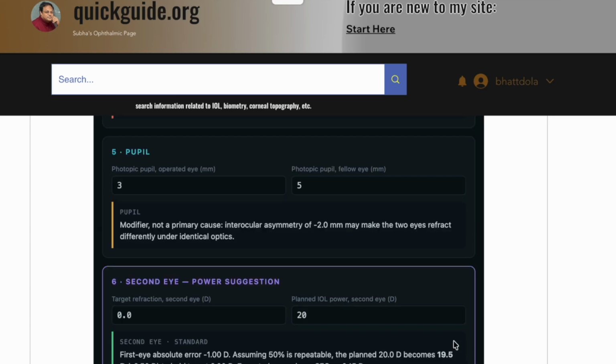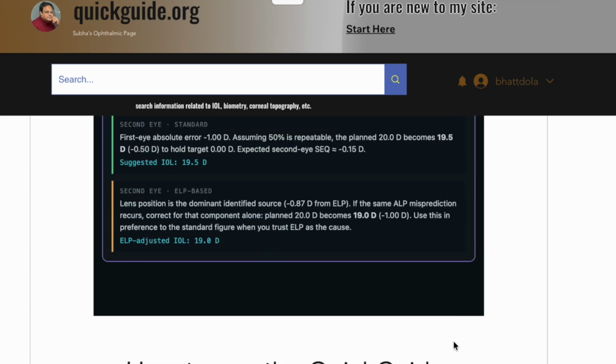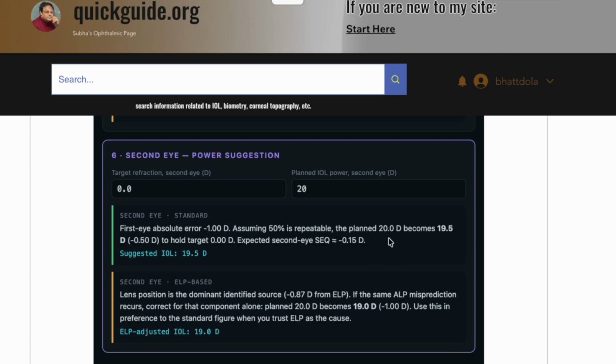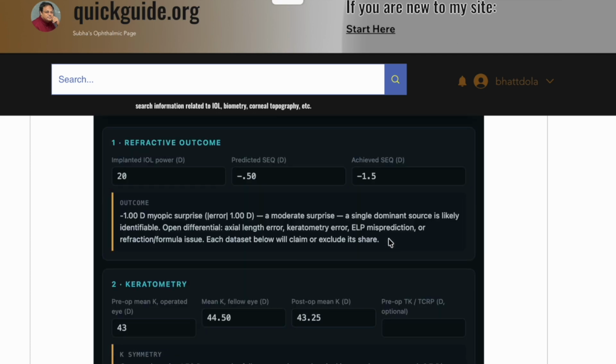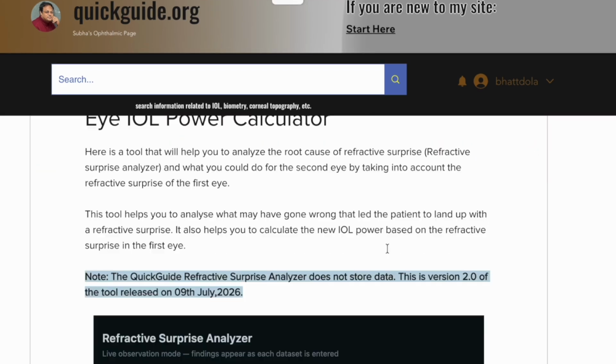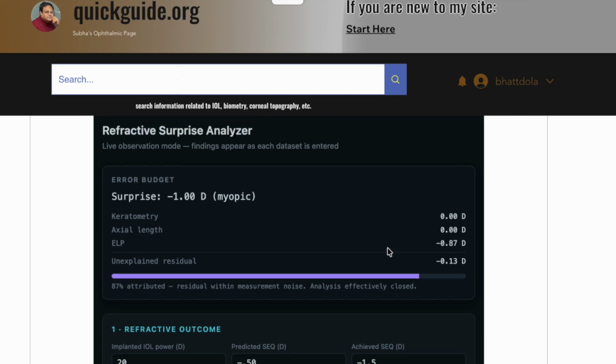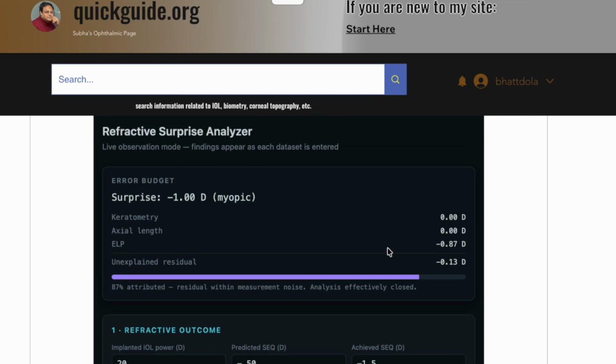I hope this calculator is going to help you, and you find it important to reference this calculator so that it gives you an understanding of what could be the possible reasons of the refractive error and how you can plan for the second eye.